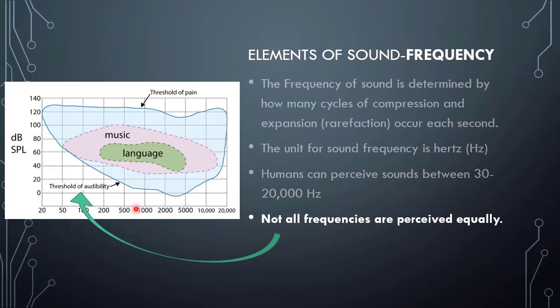But the things we care about the most, like language and music, happen to fall into the range where we're able to hear at really low values of loudness. That unit of loudness we call a decibel. This shows the system is designed for the things we need and use the most, but we're able to detect things that fall far outside that range as well.